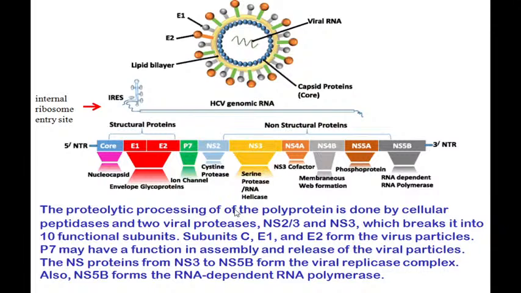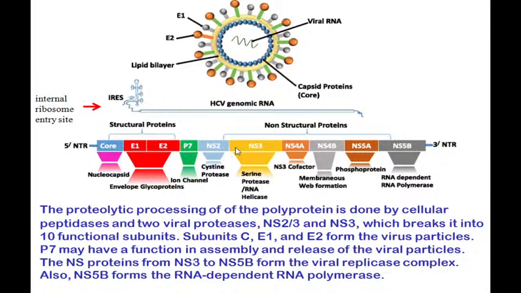Then transcription and translation occur of the whole genomic RNA, and the cleavage of the polyprotein is first done by cellular peptidases or proteases, and then by viral proteases. And this is a sort of autocleavage.